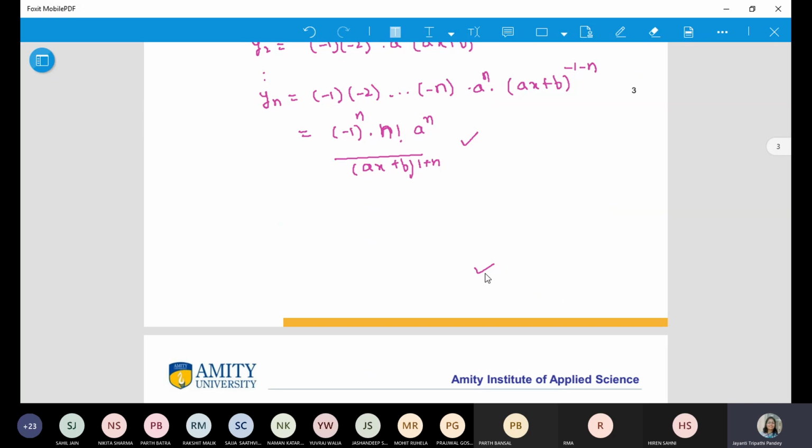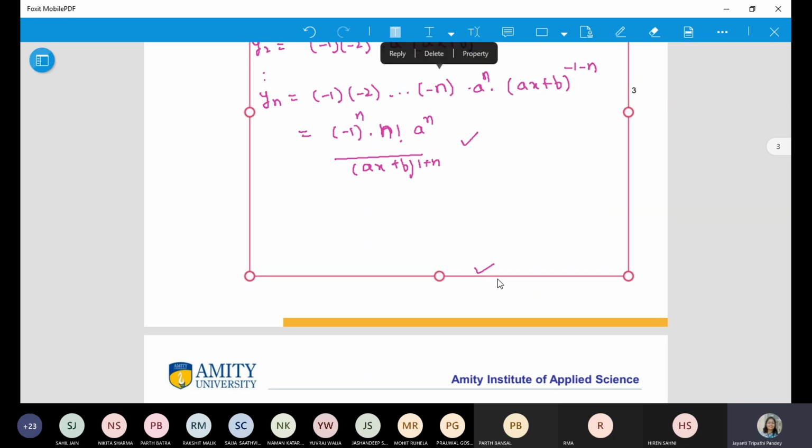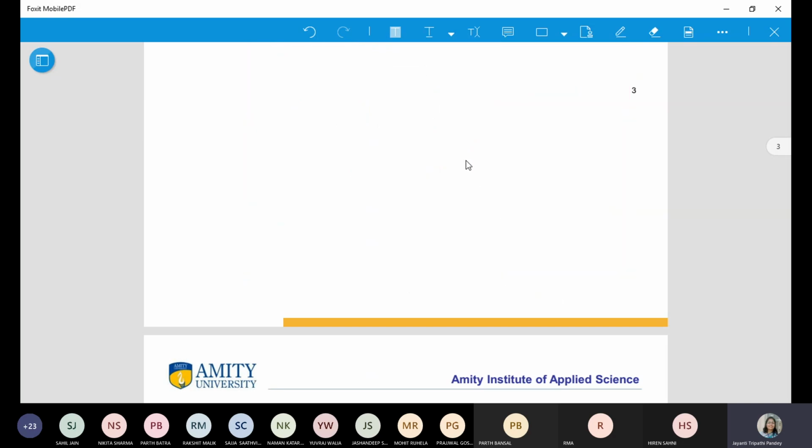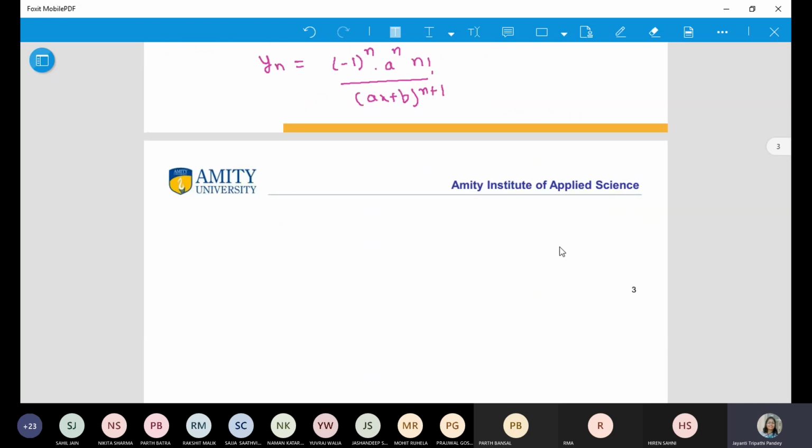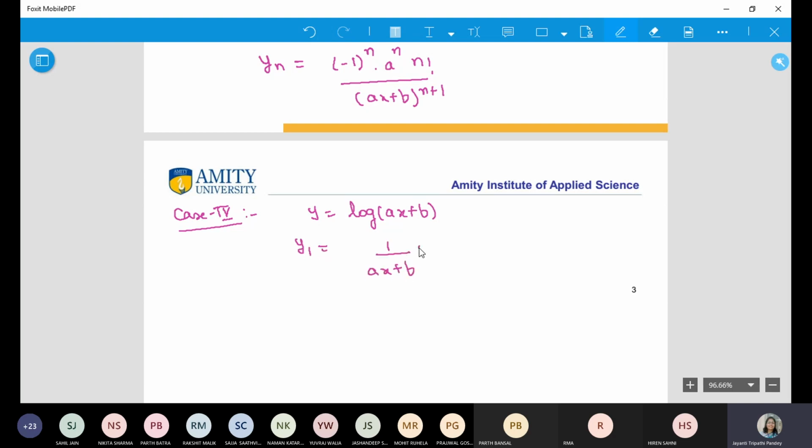Okay. There is a fourth possibility of this y. And what is that fourth possibility? The fourth possibility is this. Suppose your y is in log form, then when you do y1, it is 1 upon ax plus b into a.